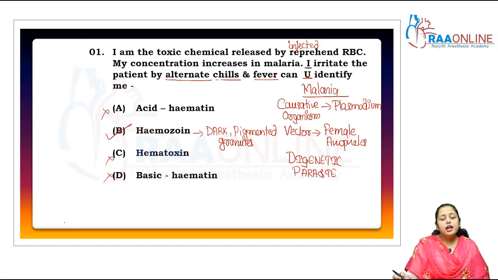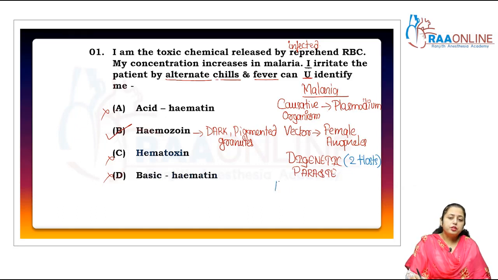Because it completes its life cycle in two hosts, right? That's why it is called the digenetic parasite, and its life cycle is a digenetic life cycle.